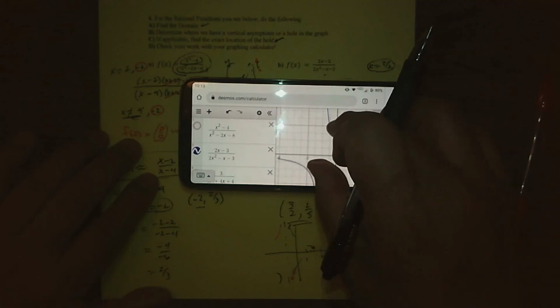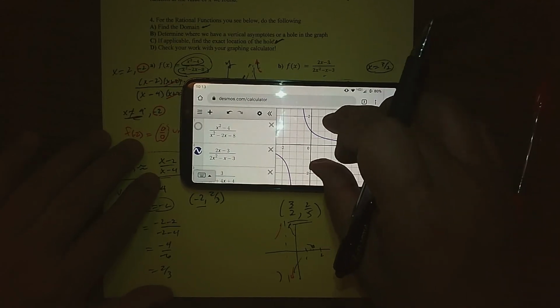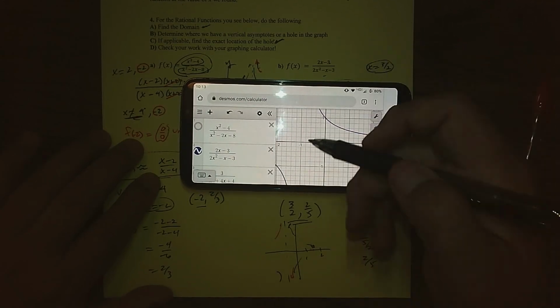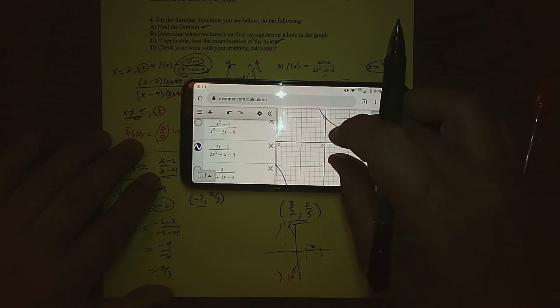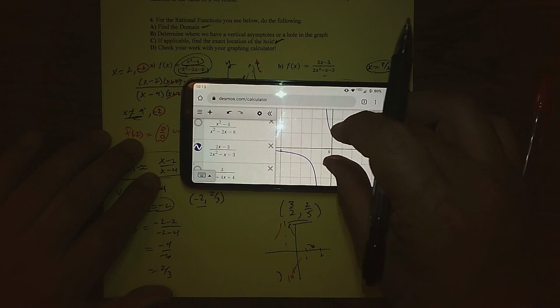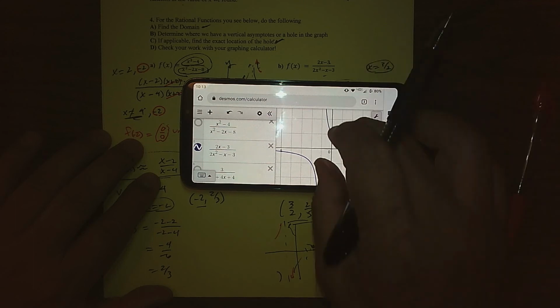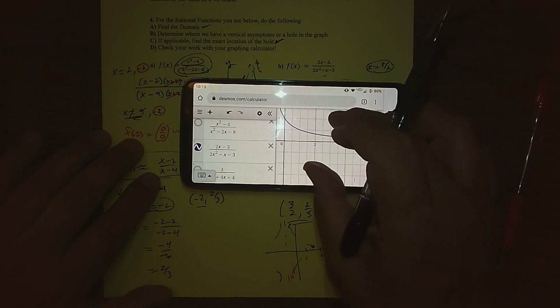So when I turn that function on, you can basically see what I just showed you. So at -1, the graph is truly ripping itself apart. So let me zoom out of there. At -1, it's behaving like a multiplicity 1. And then somewhere over here, let me zoom in.